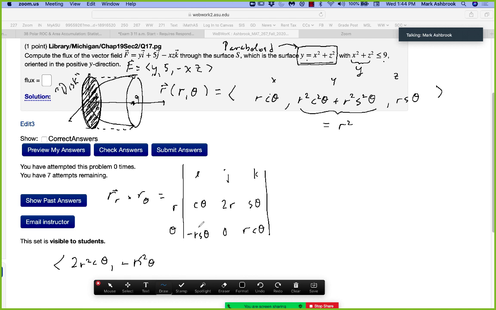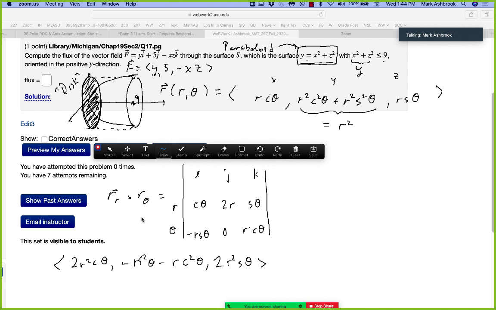Down to the left would be minus r cosine squared theta. K component, down to the right is 0. Down to the left, minus negative 2r squared sine theta. What's the y component turn out to be there? Negative r. Negative, right, negative r.